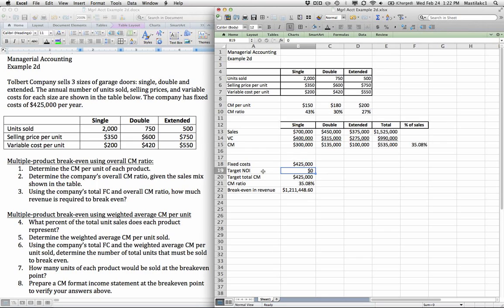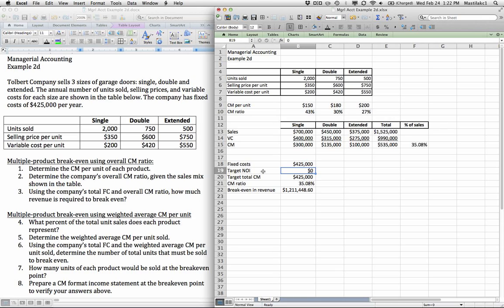So again, this kind of approach makes sense when the units that we sell are so great in number and so varied in their individual CM and selling price and variable cost that it doesn't really make sense to think about units because they're just so different from each other. And another setting where this might make sense is if you have estimated maybe a competitor's CM ratio, you've looked at their publicly traded financial statements, and you've estimated their variable cost and fixed cost, and you've estimated their overall CM ratio.